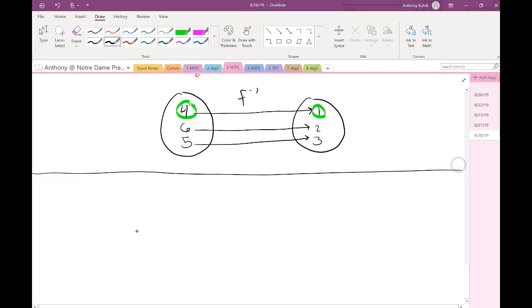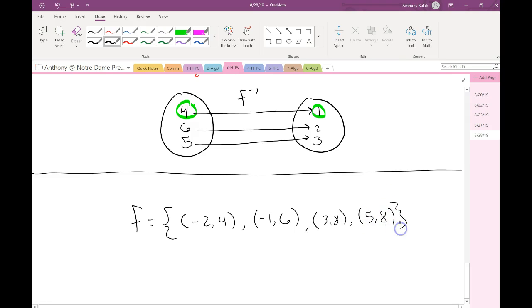Another way we might represent a function, instead of writing it as a mapping diagram, we could write it as a set of ordered pairs. In this case, if we were to find f inverse, what would f inverse be?